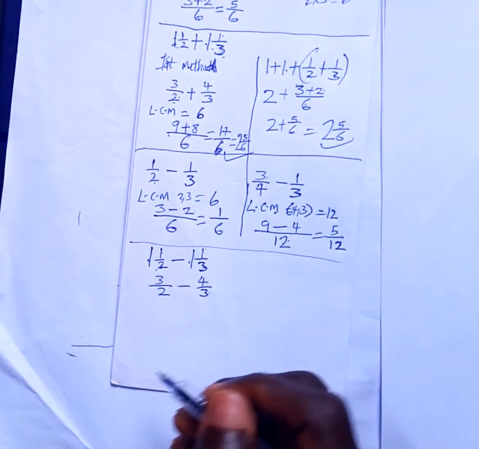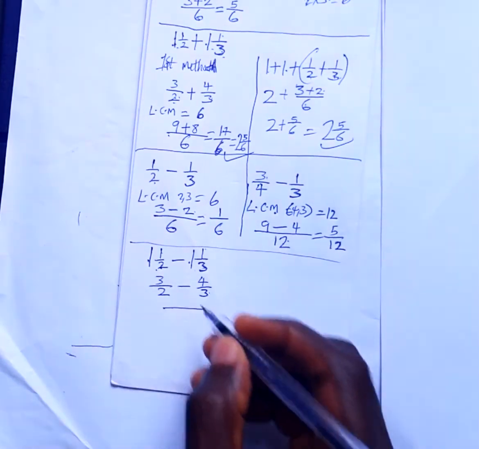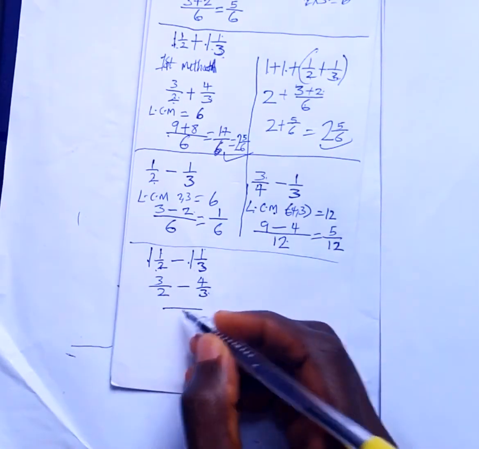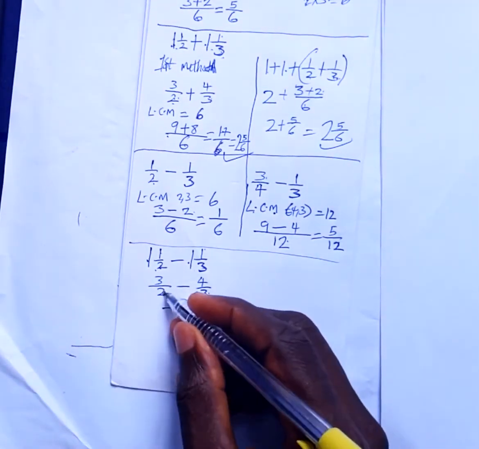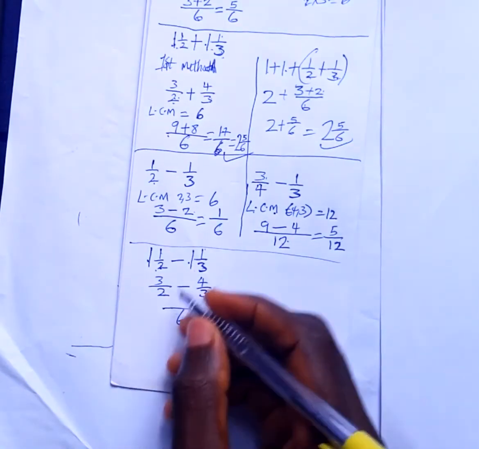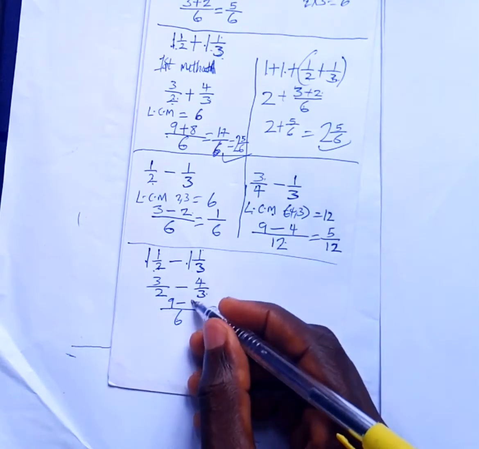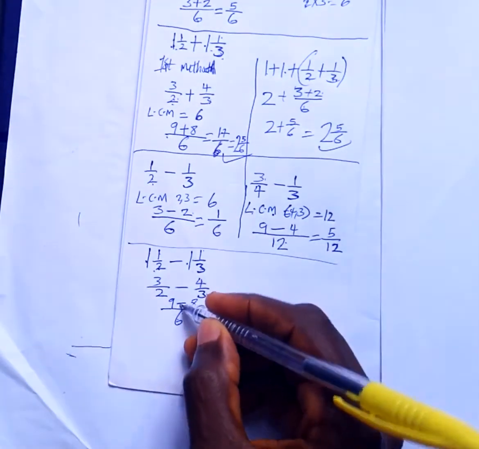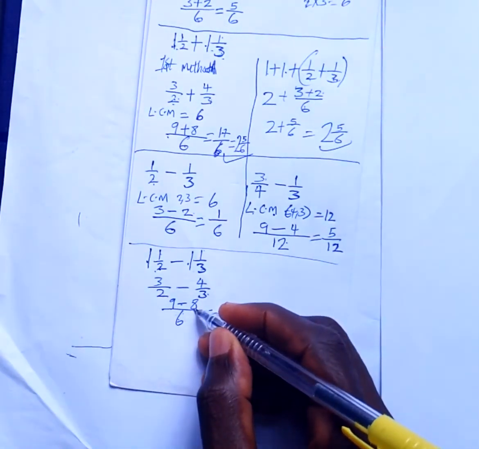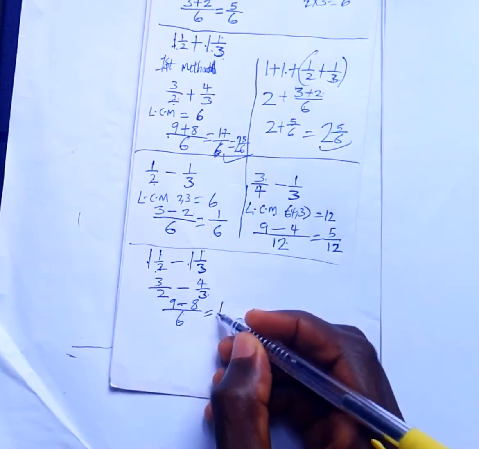So here we find the LCM. The LCM of 2 and 3, we said, is 6. 2 in 6, 3. 3 times 3, 9. Minus 3 in 6, 2. 2 times 4, 8. The same thing we got here, just the sign. So 9 minus 8, we have 1 over 6.